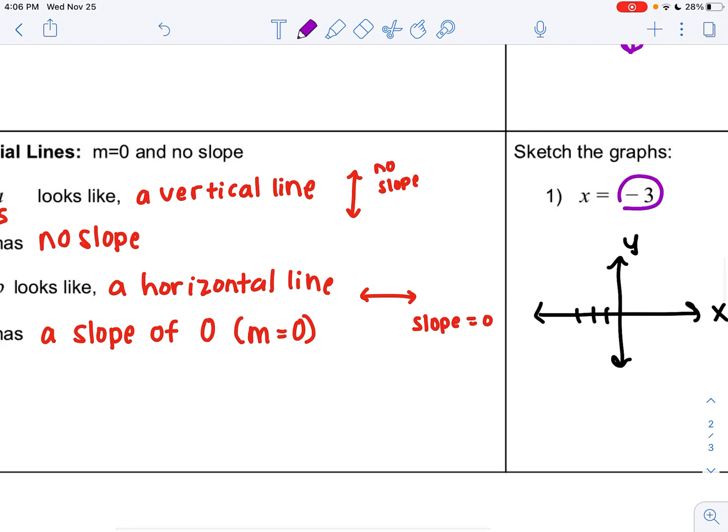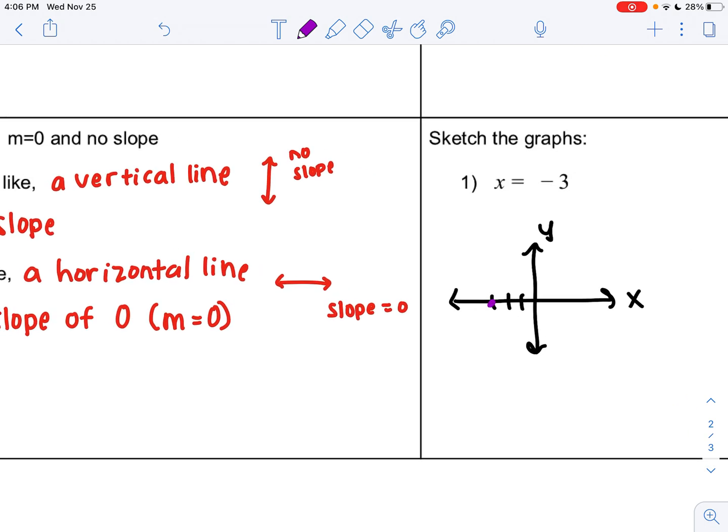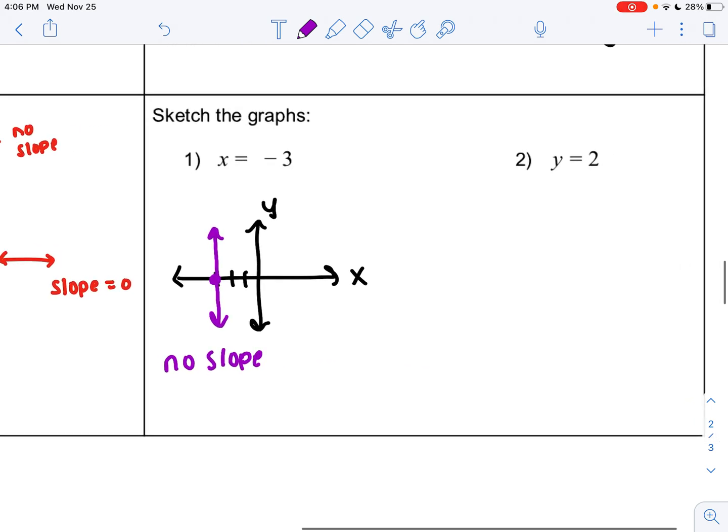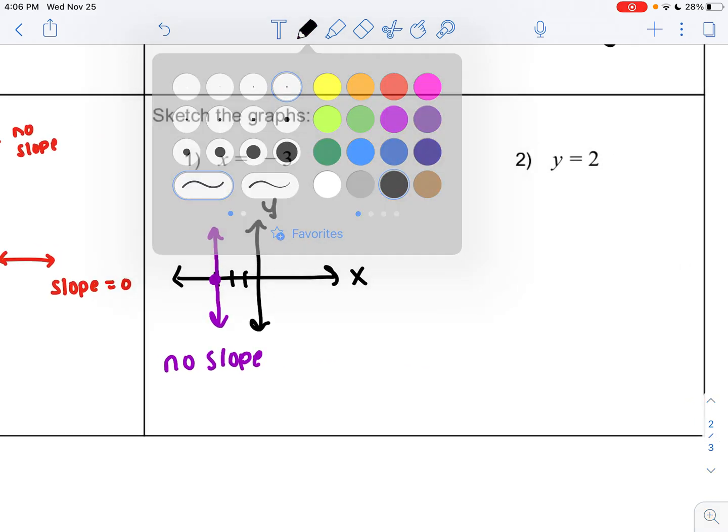So here x equals -3 means it's going to be a vertical line like this, and it's going to have no slope. So at x equals -3, make a point, and then it's going to look like this, and this has no slope. Okay?